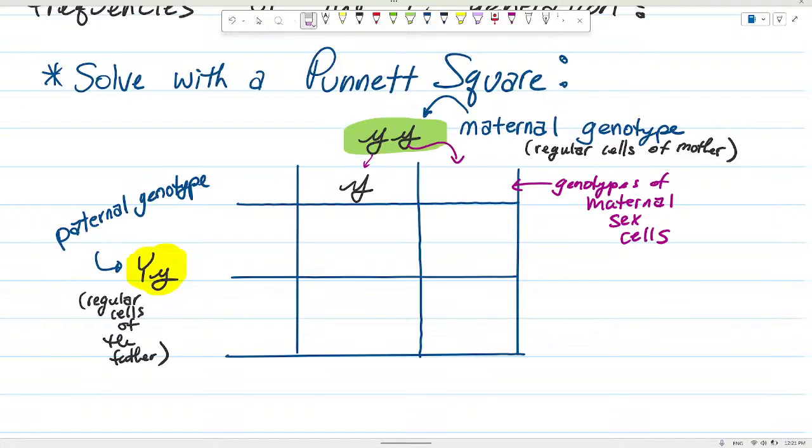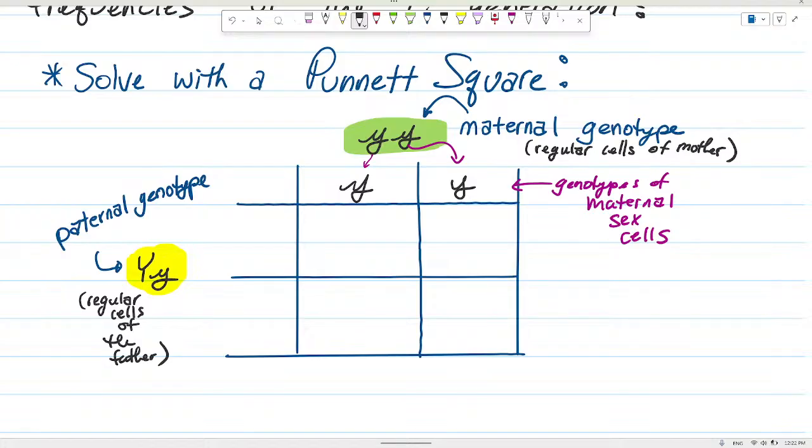Even still, it's important to do this step because it shows us that even though mum has 2 copies of little y, any of mum's sex cells are only going to have 1 copy. So no matter what, 100% of mum's sex cells are going to contain little y, which codes for what kind of seeds again?